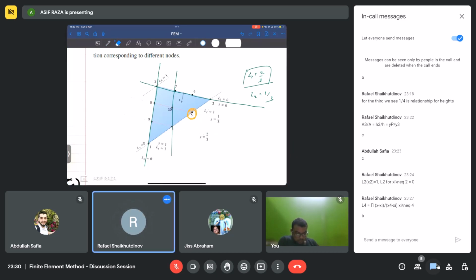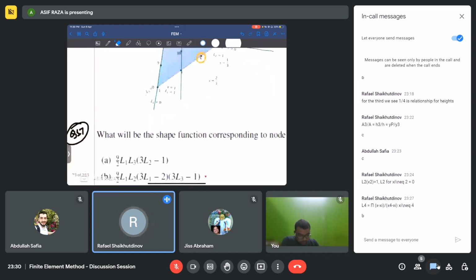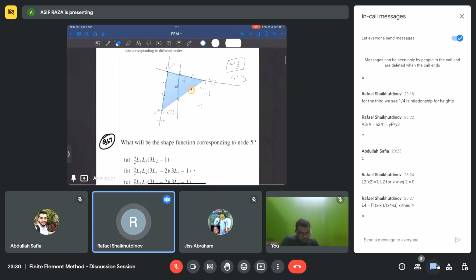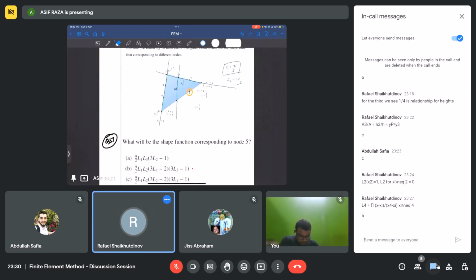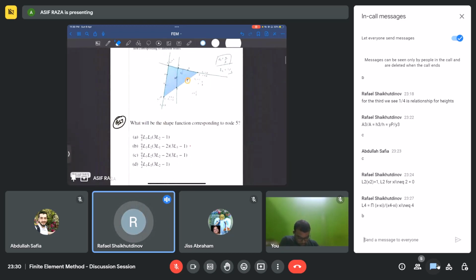My question is, from my point of view, we can only use L2 equal to 2/3. Why do we need L1 equal to 2/3 here? We can use only L2, and therefore my question is: is this polynomial defined in a unique way or not?